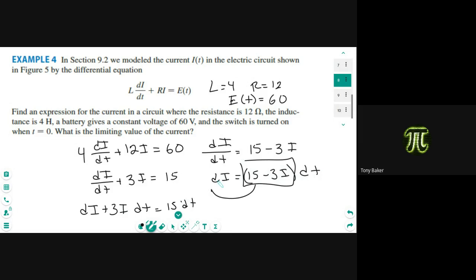How do I do that? Just divide both sides by that. So I have 1 over 15 minus 3i di equals dt.